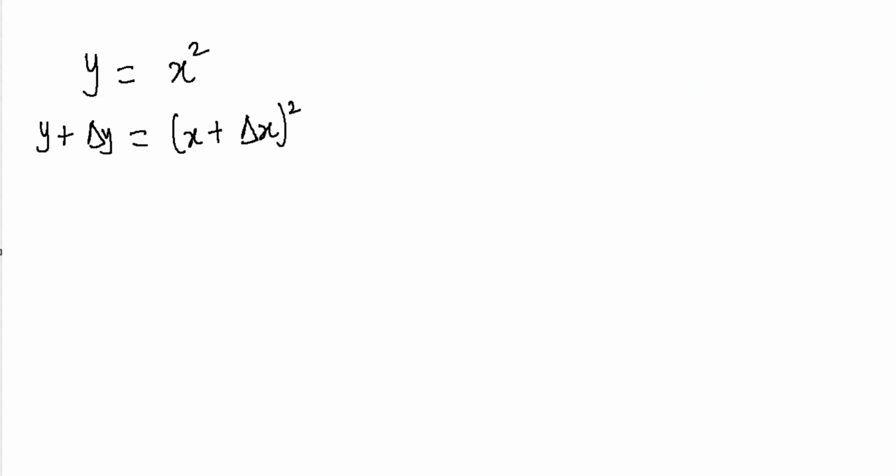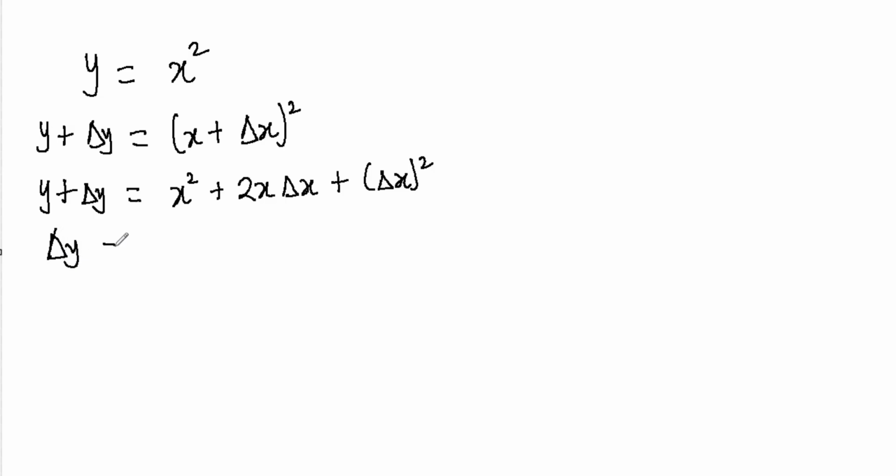So the left hand side is y plus change in y equals, so I'm going to expand this whole thing. So we have x squared plus 2x change in x plus (change in x) squared.